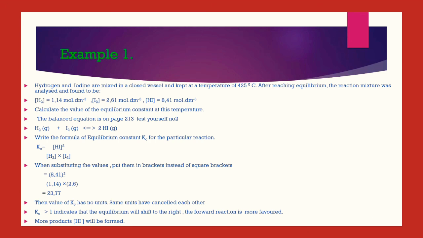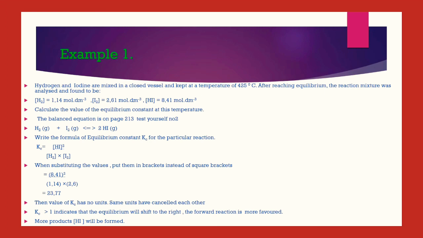The balanced equation is on page 213, test yourself number 2. 1 mole of hydrogen gas reacts with 1 mole of iodine gas in order to form 2 moles of hydrogen iodide in gaseous form. This is a reversible reaction.